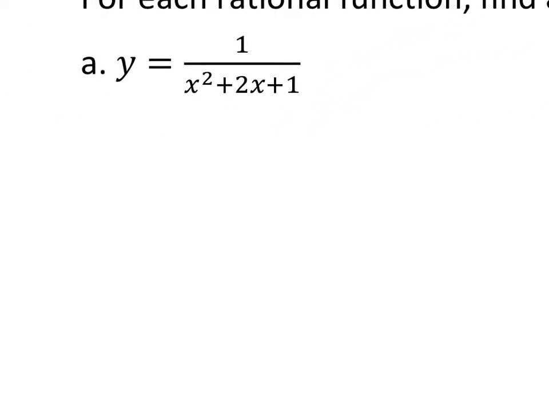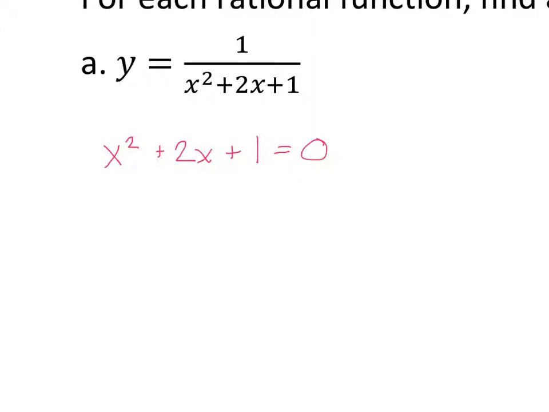For a, we're going to set the denominator equal to 0. So x squared plus 2x plus 1 equals 0. And we're going to find what values of x we can plug in there to make it true. So we're solving a quadratic.